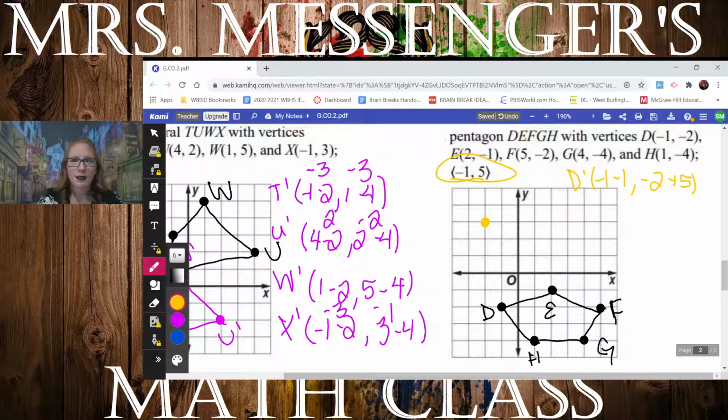Yep. Left 1 and up 5. That's exactly what we just did. And then I have E prime, which is at 2 minus 1, negative 1 plus 5, which gives me 1, 4.